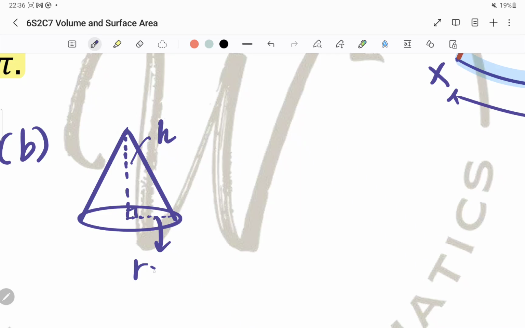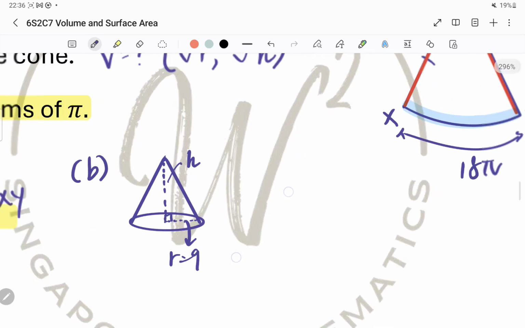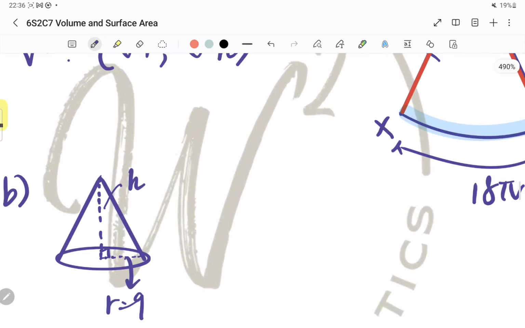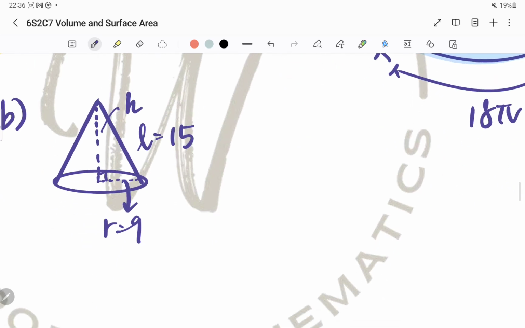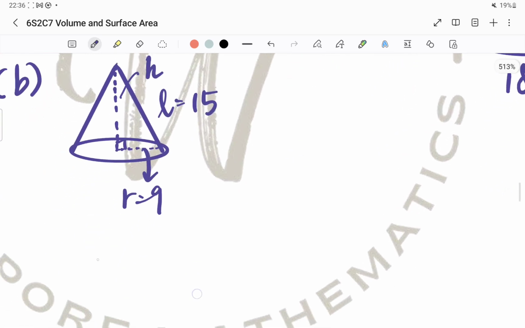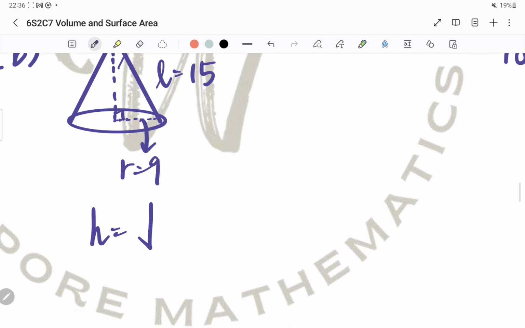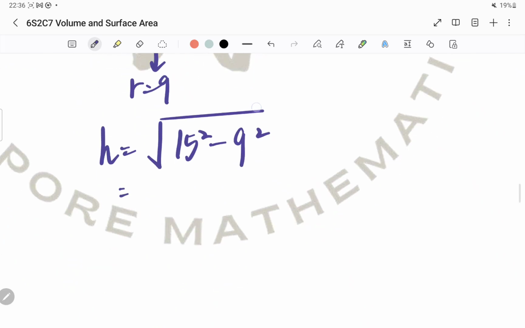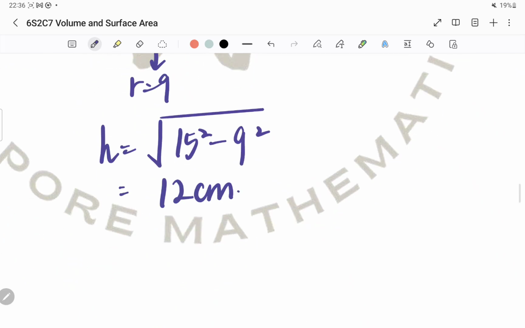Radius you already found, radius equals 9. Then you also have the slanted height, which the question gives you as 15. So you have your radius, you have your slanted height, then you use Pythagoras theorem, you should be able to find your perpendicular height. So here we have 15 square minus 9 square. You press into your calculator, you should get 12 cm.